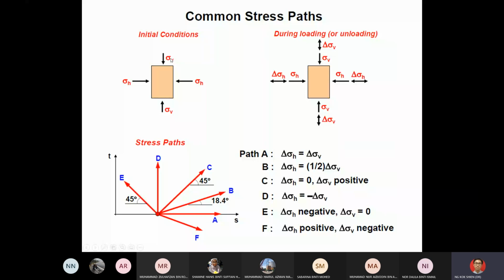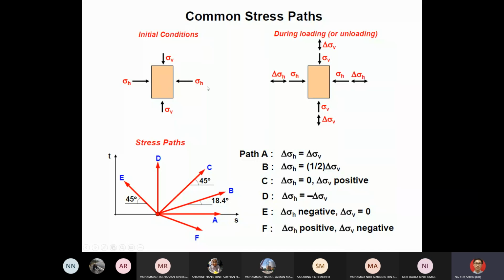If sigma V and sigma H are the same, then you take sigma V minus sigma H divided by 2, and you will get 0 for T. So you will start from the 0 point here. The initial point is 0.